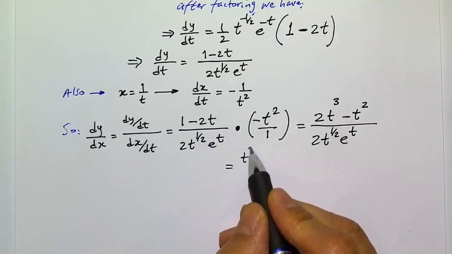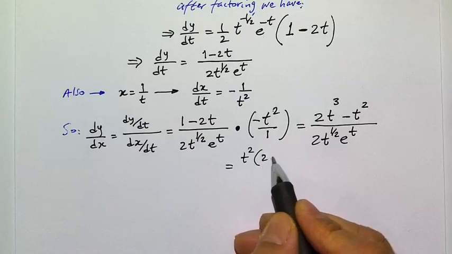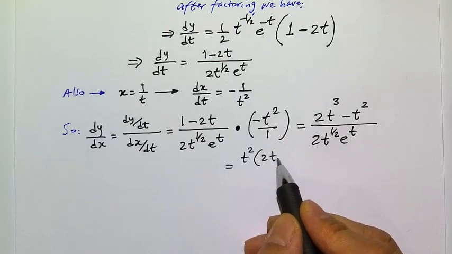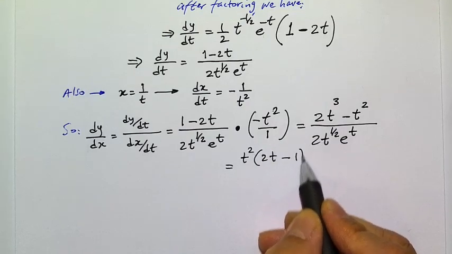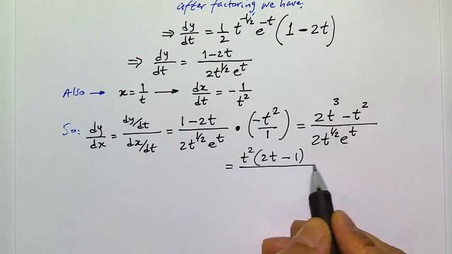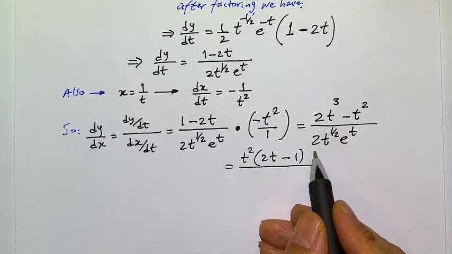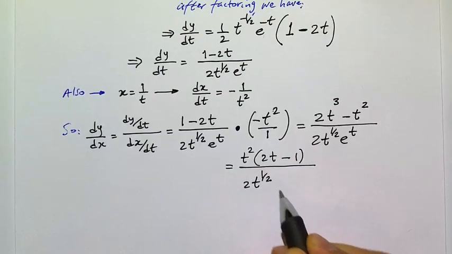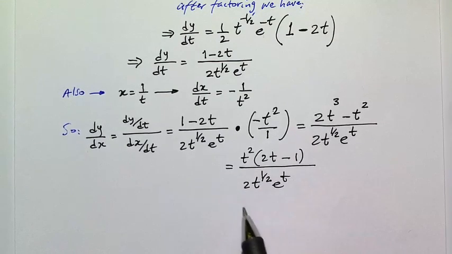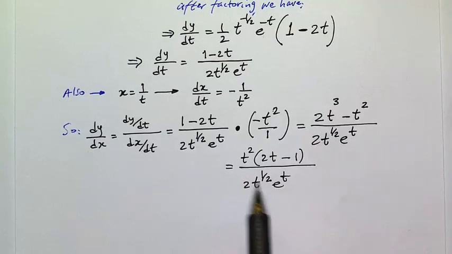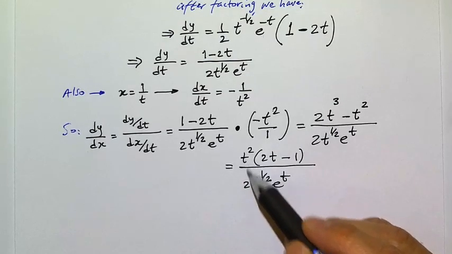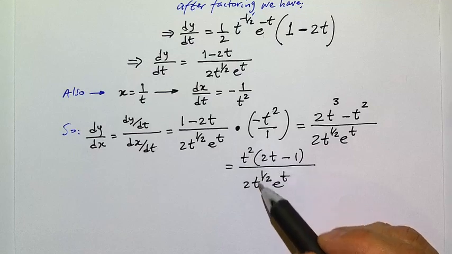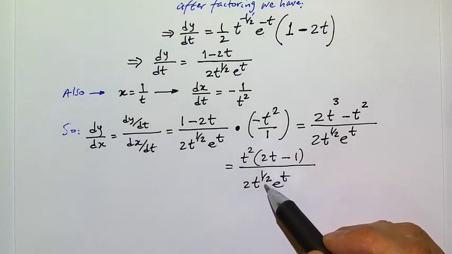And we have t squared times 2t minus 1, divided by that, and e to the t. And let's see, so we can combine these two terms, right? t squared and t to the 1/2.